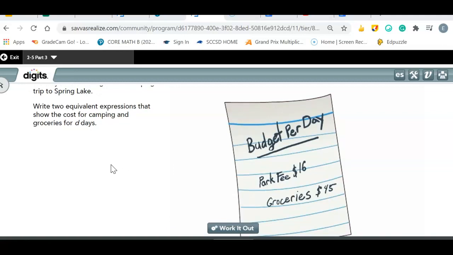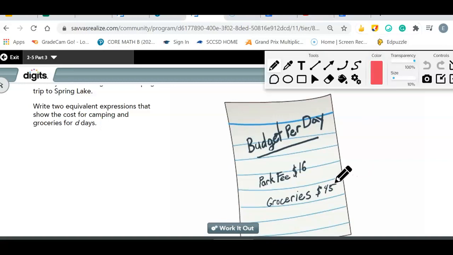Let's talk about the 2 expressions that we can create. We know that the park fee is $16 per day. So we can start with $16, and we're staying for D days, so 16 times D would be the total price for just the park fees for D days.